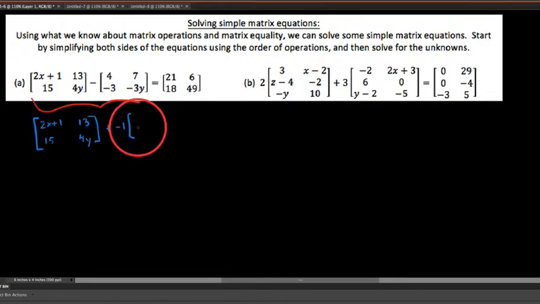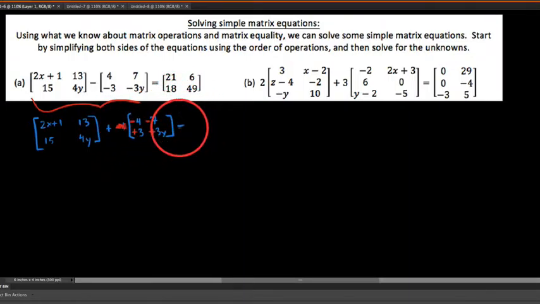So we're going to say plus a negative 1 times the matrix 4, 7, negative 3, and negative 3y. I'm going to distribute this negative throughout the matrix, and so everybody's going to become their opposite values. By adding the opposite, we accomplish the same thing as subtraction.